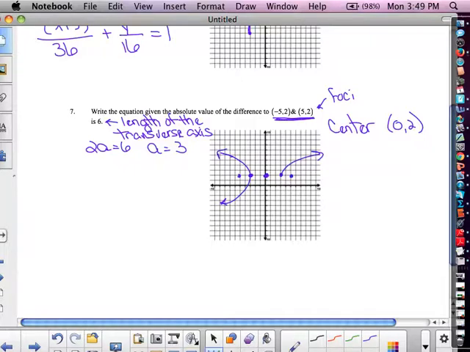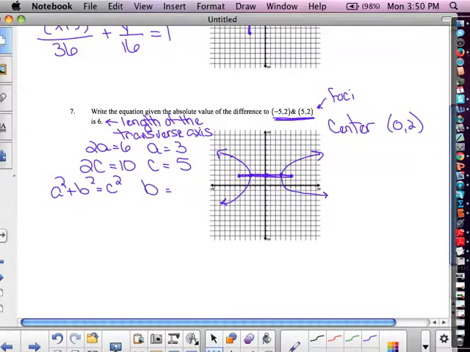Looks like this. Those arms of the hyperbola wrap around the foci. The distance c, so 2c, is equal to the length of the axis that connects those two foci, and that's going to be 10, so c is equal to 5. The relationship in a hyperbola is a squared plus b squared equals c squared.